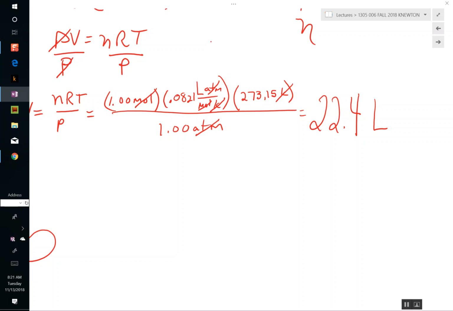So what this means is you have 6.02 times 10 to the 23rd atoms or molecules bouncing around in that volume. You have the same exact number of gas particles in that volume.